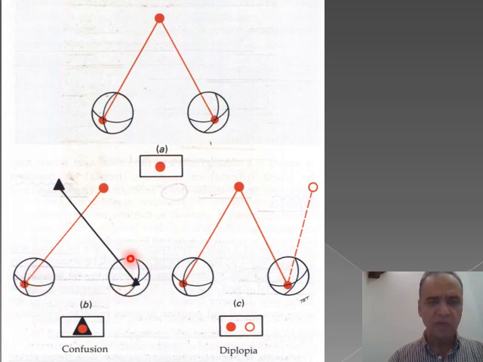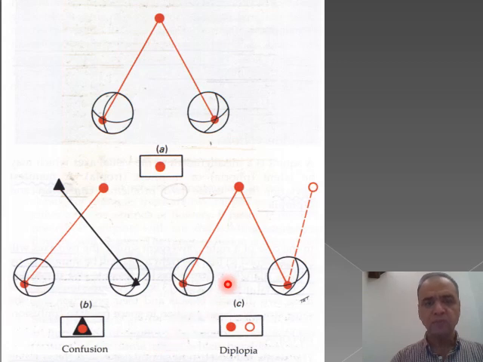Here there is deviation, and the right fovea is stimulated by another object, this black triangle. Because those are two corresponding retinal points, there is superimposition of two different images into one image in the central nervous system, and this is called confusion.